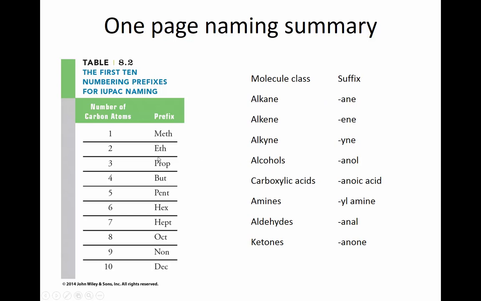Alcohols, we have, again, ethanol, butanol, things like that. Carboxylic acid, we have things like hexanoic acid. Amines, methylamine is common. Aldehydes, propanal, ketones, octanone, etc. We can go on all day with different permutations of different names.